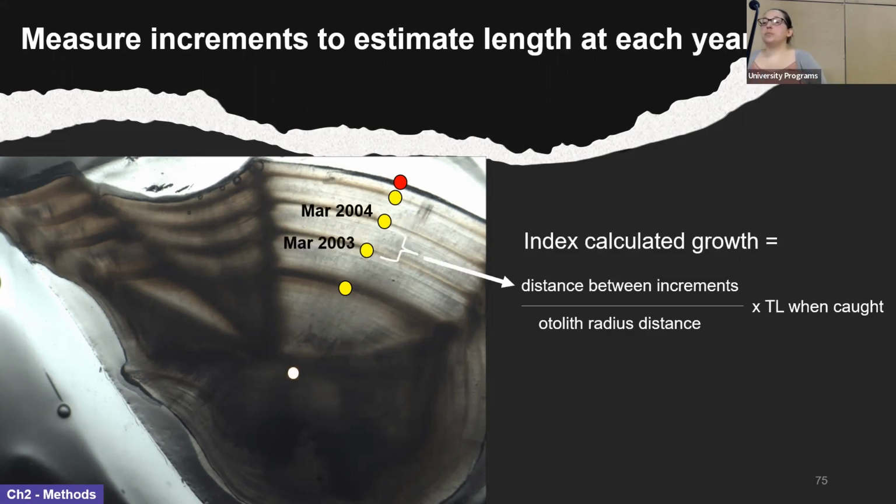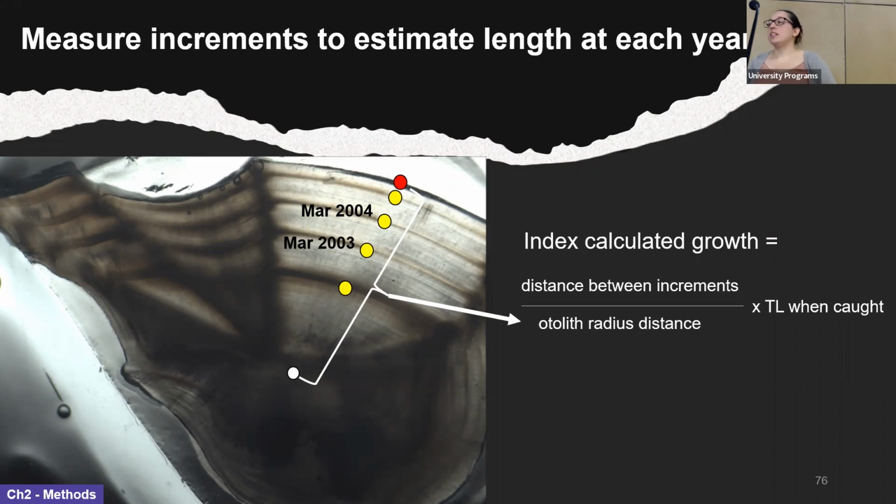So the calculation would look something like this, where how much the fish grew in 1 year, here I'm calling this the index calculated growth, is equal to the distance from the last ring shown here, divided by the total otolith radius. That gives us the proportion of otolith growth, which we then multiply by the total length when caught to get the growth between 2003 and 2004 in this case.